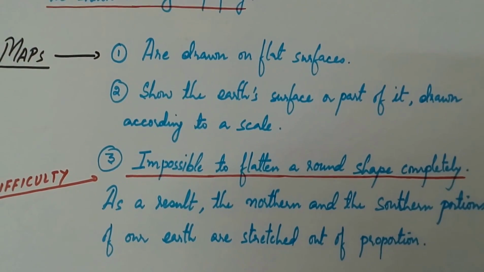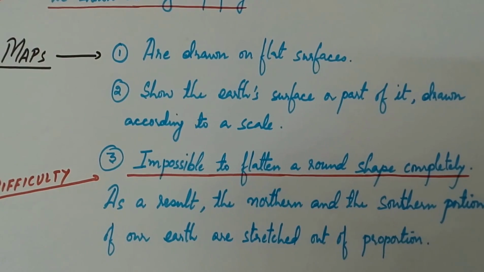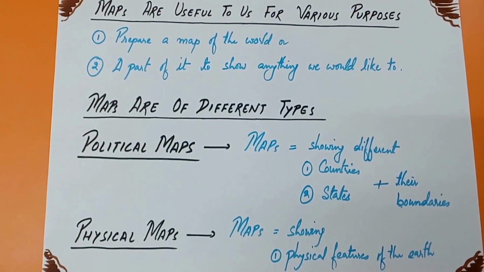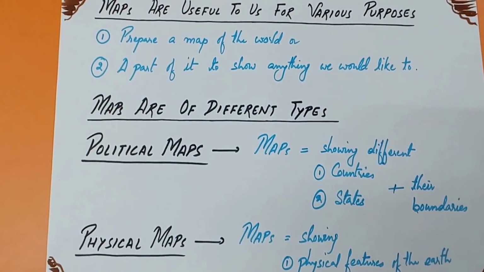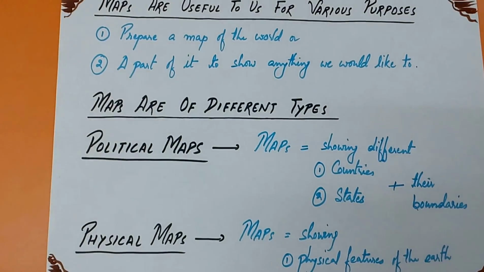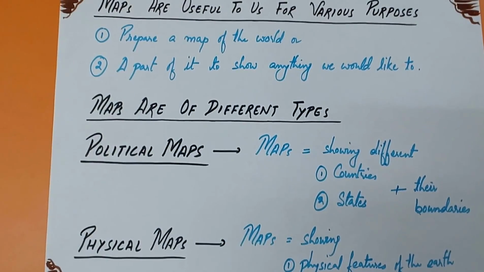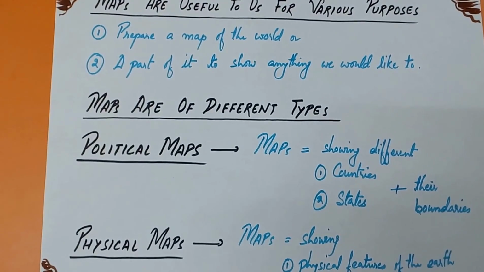Therefore, some part of the northern and southern portions are removed proportionally. Maps are useful to us for various purposes. We can prepare a map of the world or a part of it to show anything we would like to.